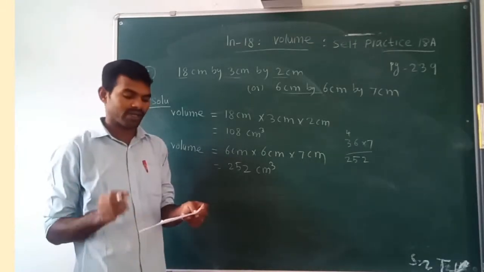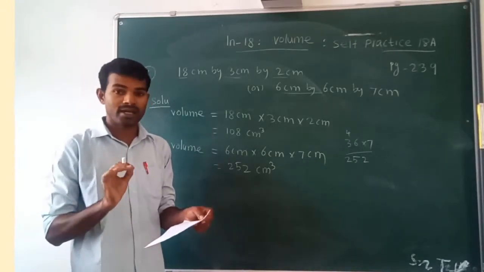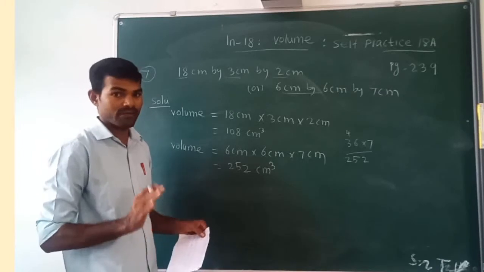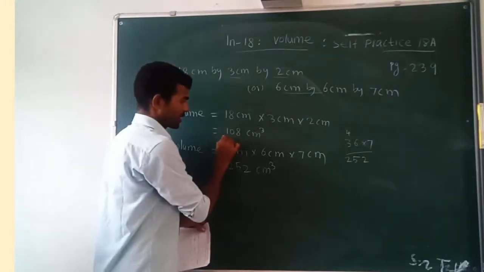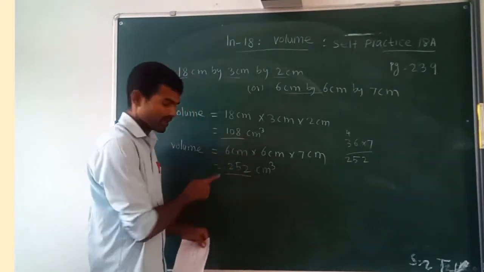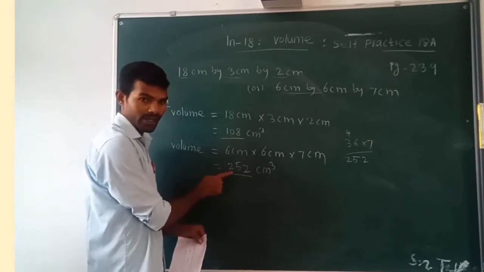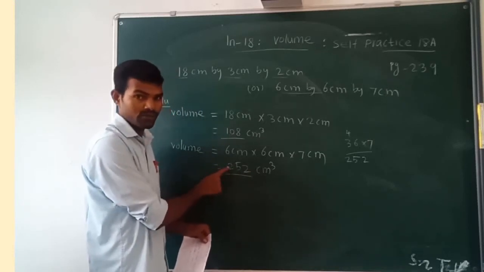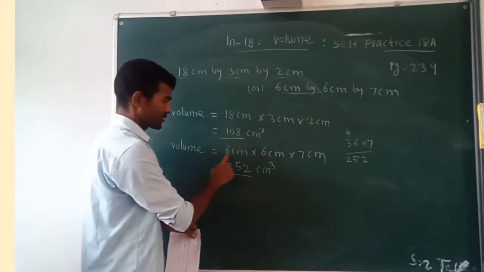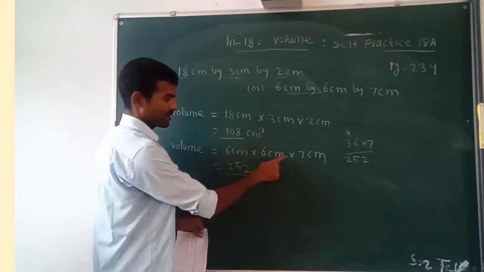Identify which is big in this. The question is asking which has the greater volume. Which is big, 108 or 252? Yes, 252 is big. So which measurement is big? 6 centimeter multiply 6 centimeter multiply 7 centimeter.